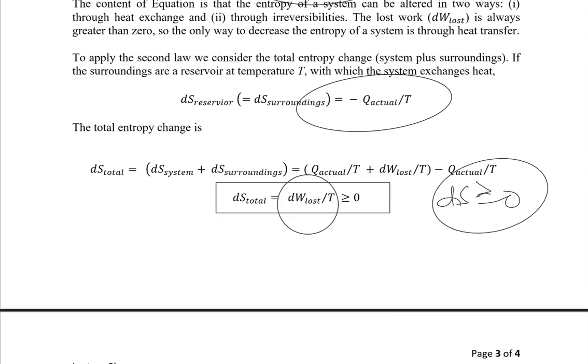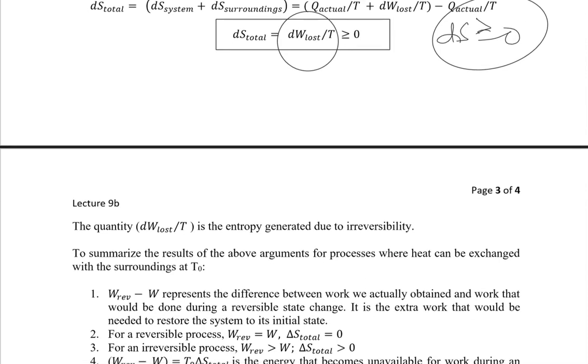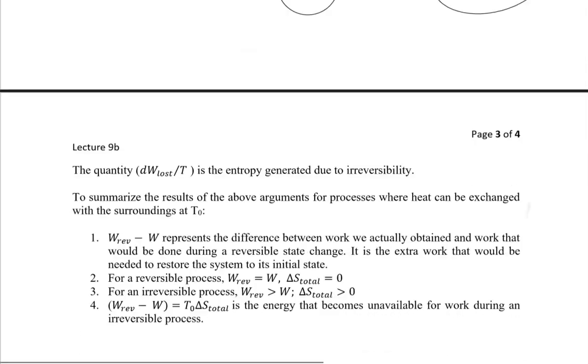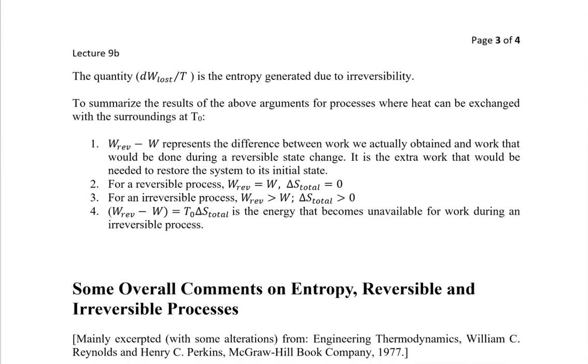So we have established that the total entropy change in a system and surroundings is equal to the lost work, the work which is lost during the process going from one state to another, divided by T. So the quantity dW lost by T is the entropy generated due to irreversibility.